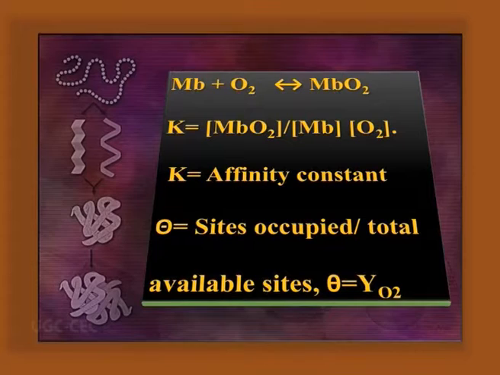So Mb plus O2 is equal to MbO2. Now K, that is the affinity constant, is equal to concentration of MbO2 divided by concentration of Mb and concentration of oxygen. Now theta is the saturation coefficient or fractional saturation YO2, that is equal to sites occupied divided by sites available for the oxygen binding.